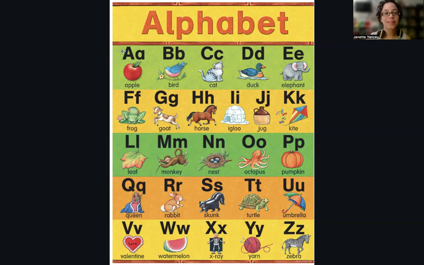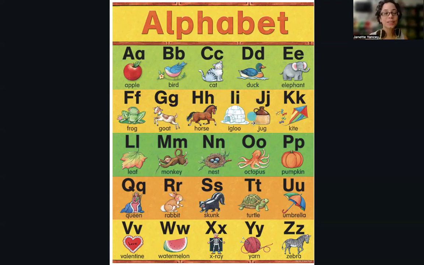A, apple. B, bird. C, cat. D, duck. E, elephant. F, frog. G, goat. H, horse. I, igloo.